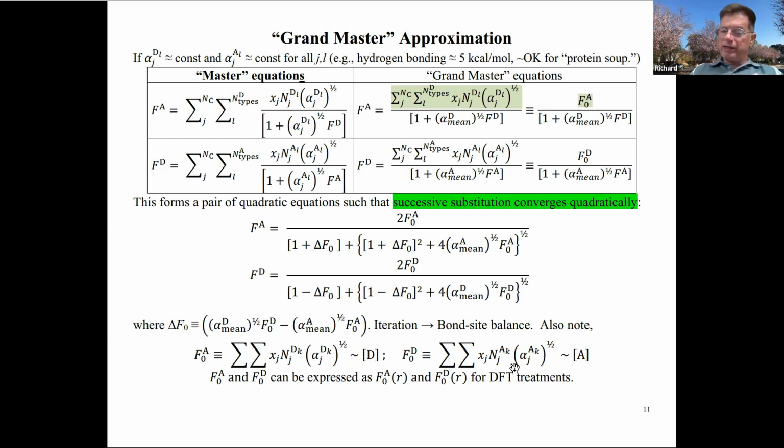One more point I would make is that this FA and FD are single quantities that characterize the amount of hydrogen bonding after the solution has converged. So those are going to be functions of concentration. Let's imagine a globular protein. We can imagine that there may be regions where there's more hydrogen bonding, like beta sheets and alpha helices.